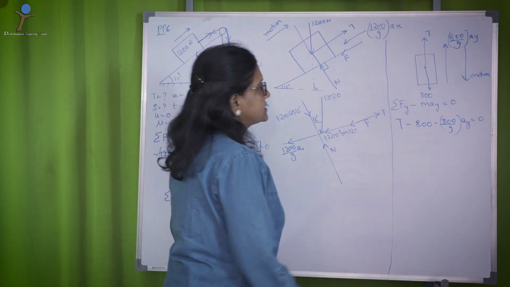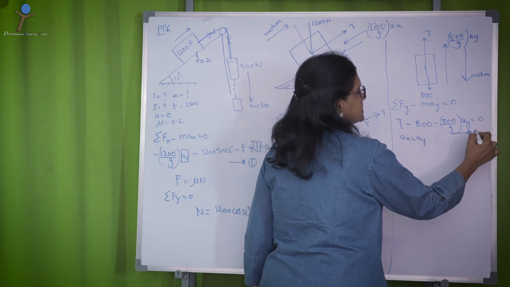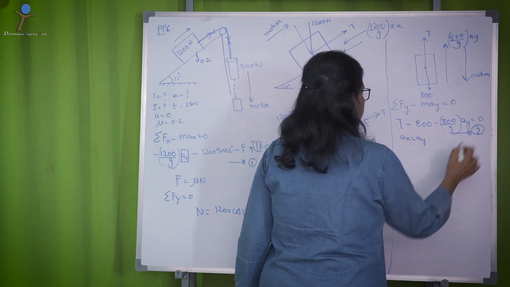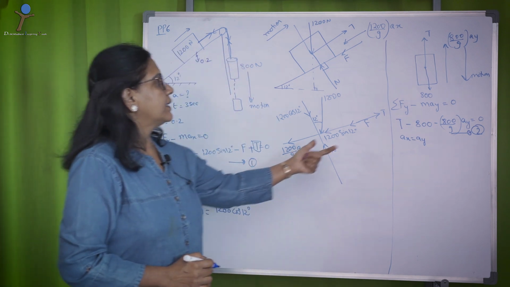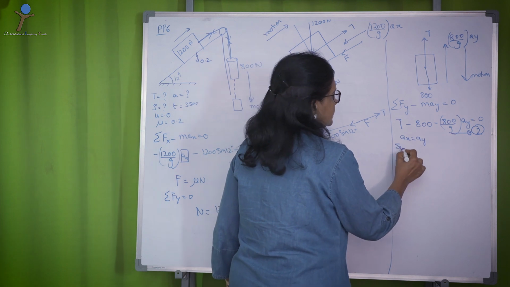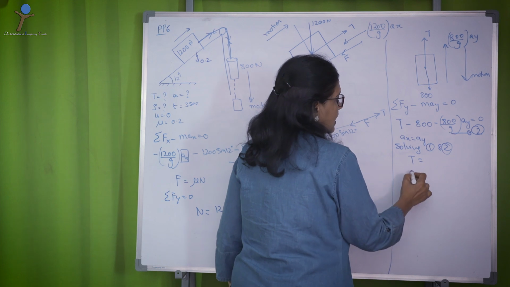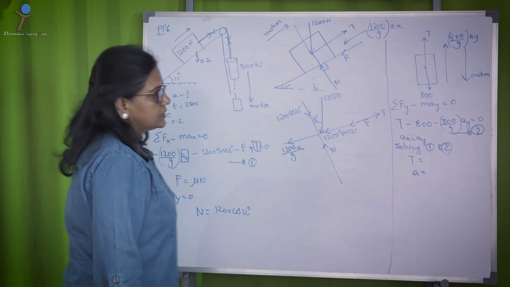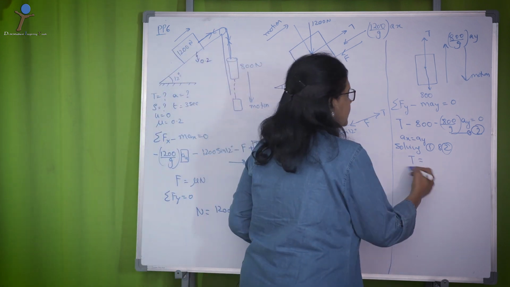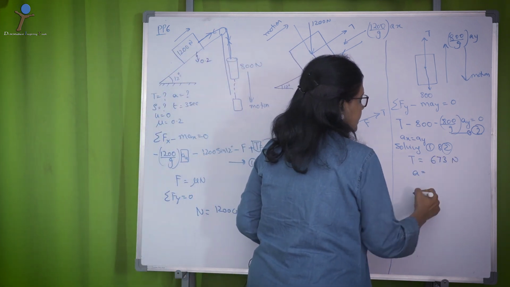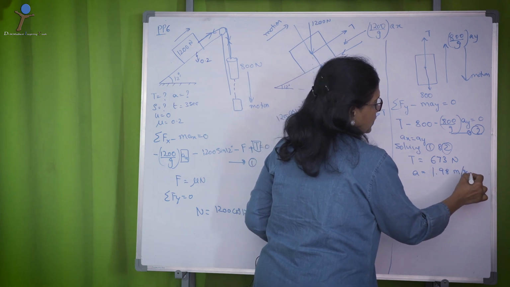Since the acceleration is same, you can consider Ax equal to Ay, and considering this as equation number 2, solve these two simultaneous equations 1 and 2 and derive the tension and acceleration. So, if you solve these two, two unknowns and two equations, you get tension around 673 newtons and acceleration around 1.98 meter per second square.